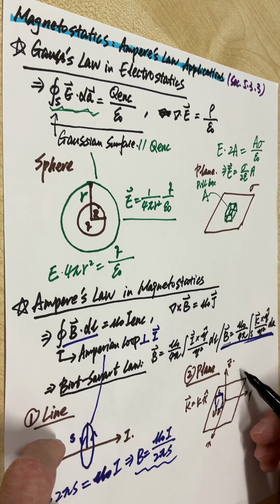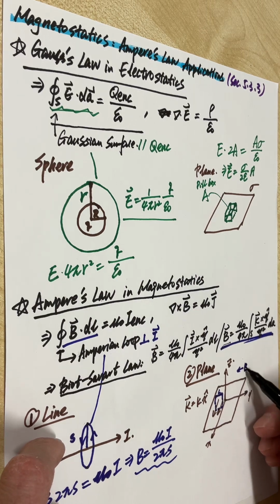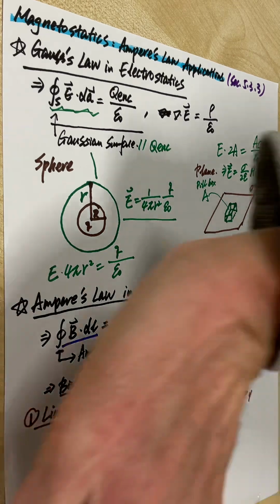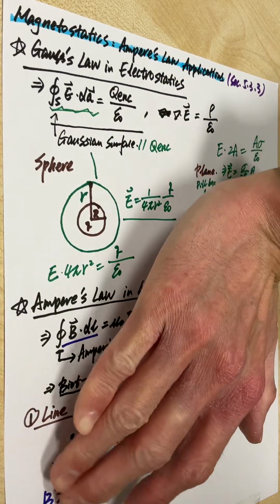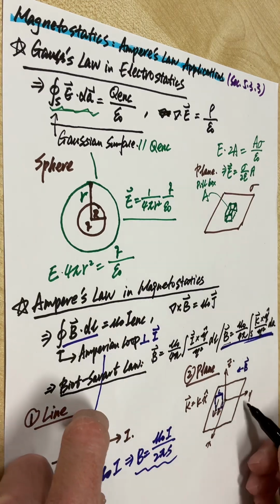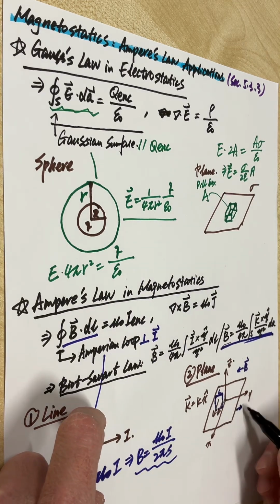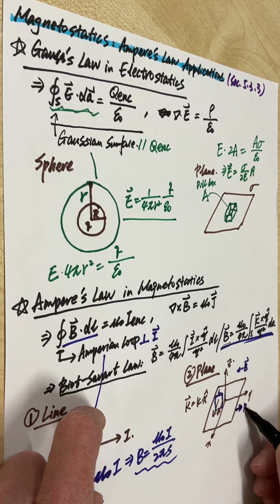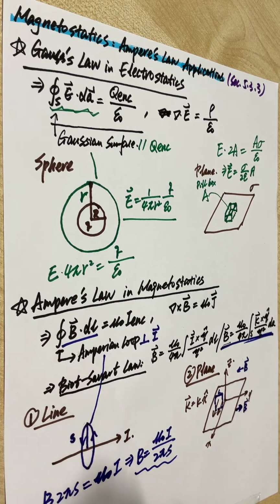And for any point below the plane, the direction of the magnetic field is just the y direction. So now it's all clear. The direction of the B field is clear, and where the Amperian loop is is clear.